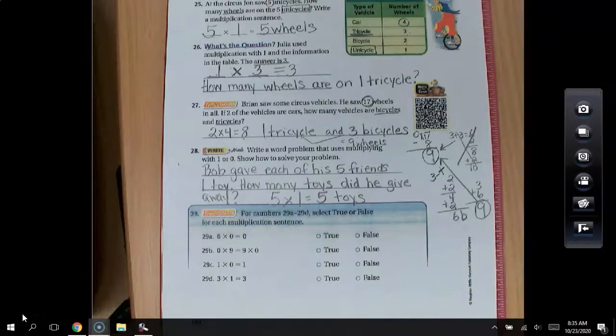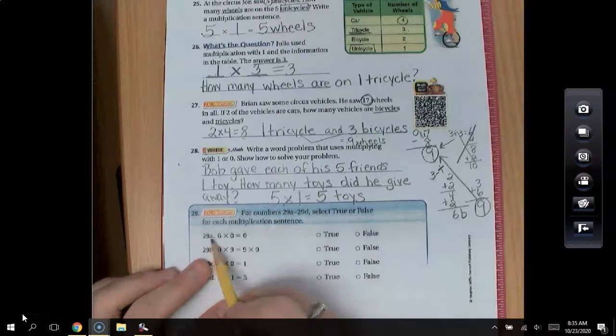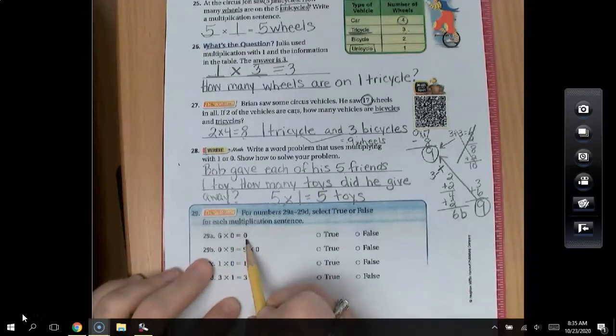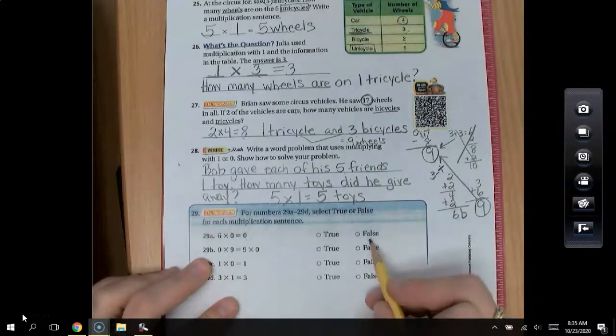Think smarter. It says for numbers 29a through 29d, select true or false for each multiplication sentence. You have to do all of these. So if I look at 29a, it says 6 times 0 equals 0. Is that true, boys and girls, or false?